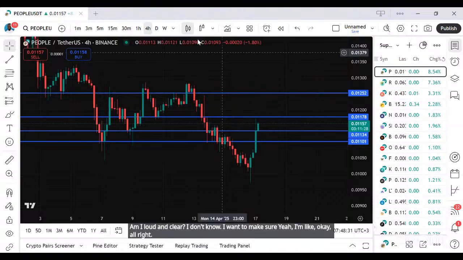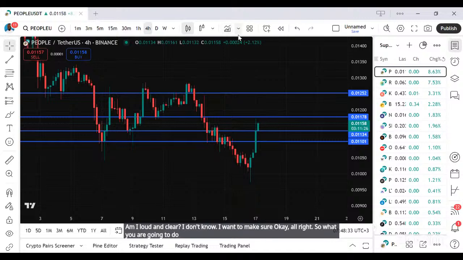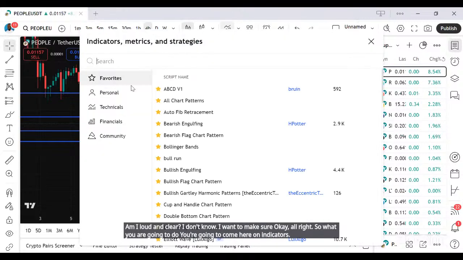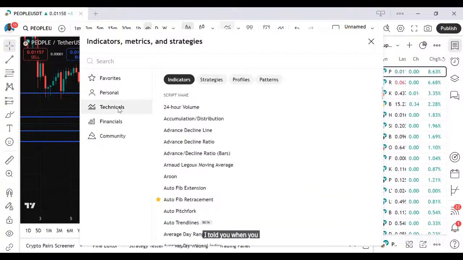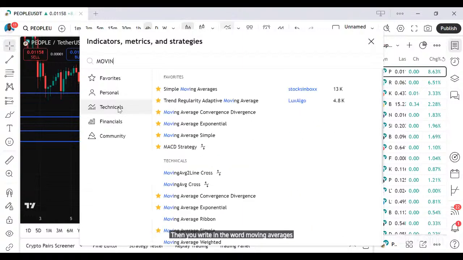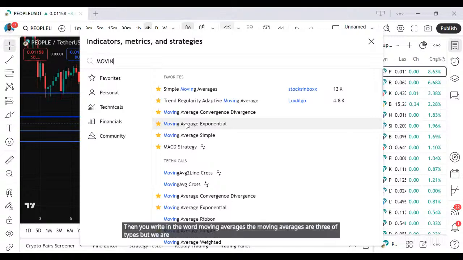So what you are going to do is come here to indicators, then technical, and write the words moving averages. There are 3 types of moving averages, but we are going to take the exponential moving average.